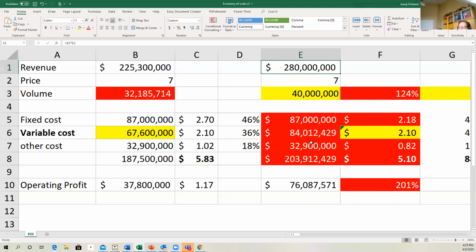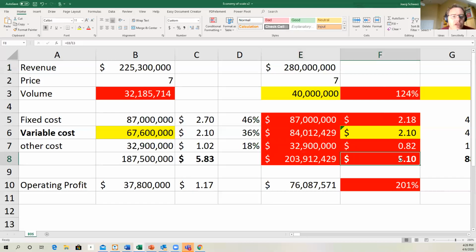That means my other cost next year will be higher, which also means I have a higher marketing budget and a higher trade channel budget that I can allocate. So you cannot influence your other costs at all. And so you see that my overall cost went up, but my cost per unit went down.